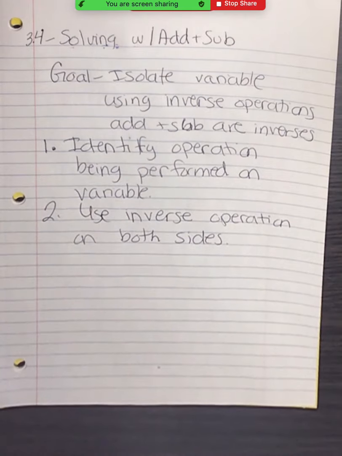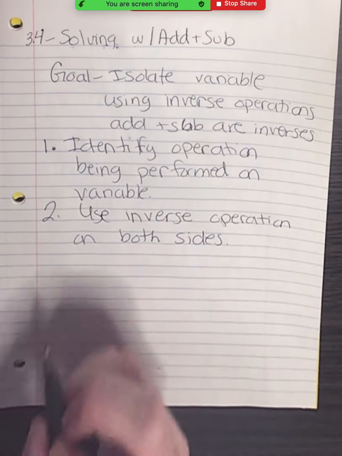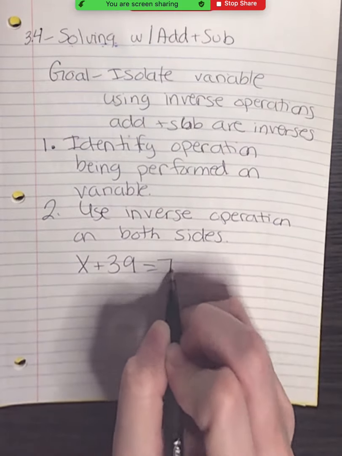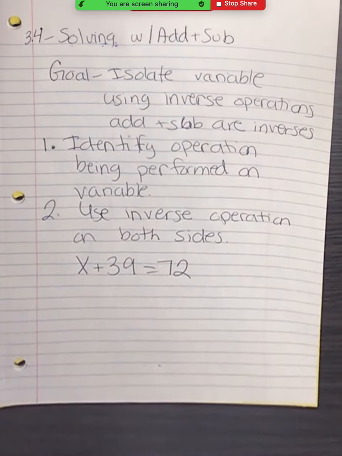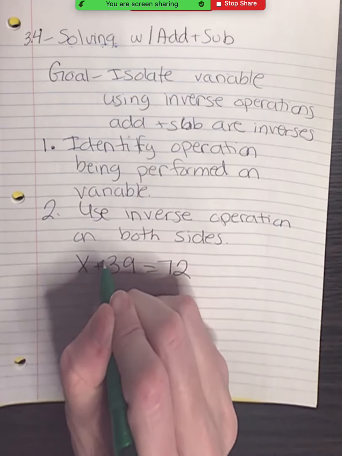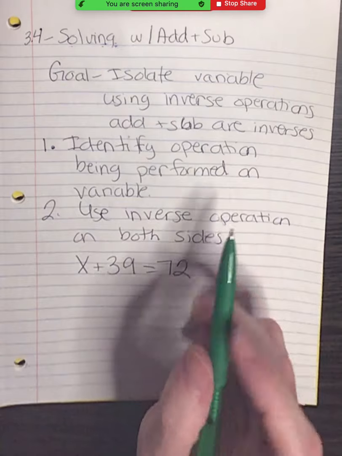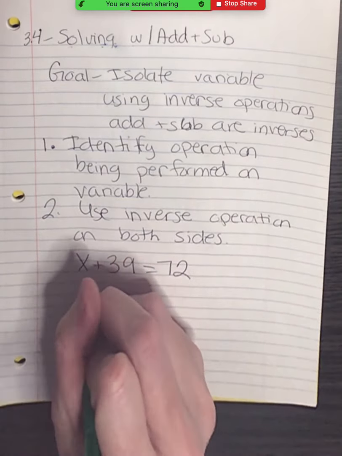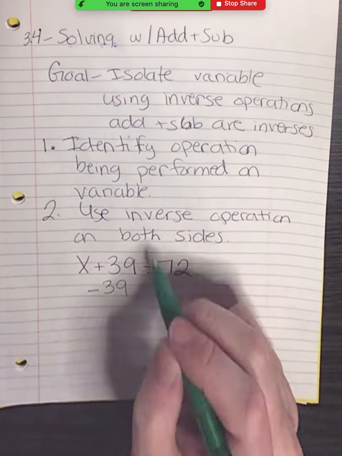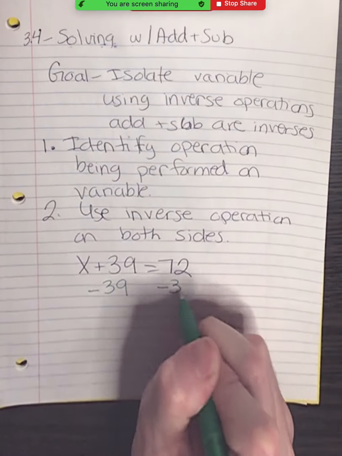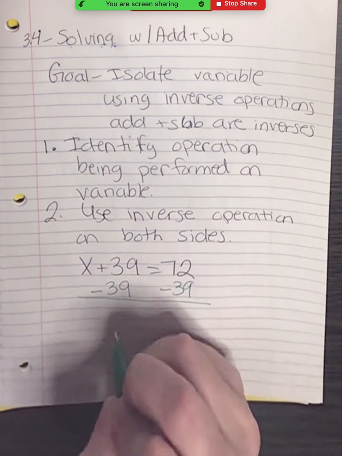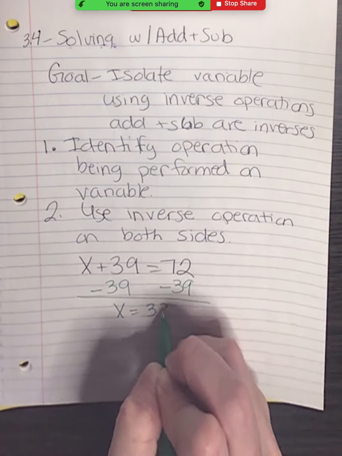So if we had x plus 39 equals 72, and you were asked to solve, right? What you do is you say, okay, here's my variable. I'm adding 39. So I'm going to use the inverse of that, and I'm going to subtract 39. But I changed something on the left, so I have to change something on the right by subtracting 39 there as well. And I get x equals 33.